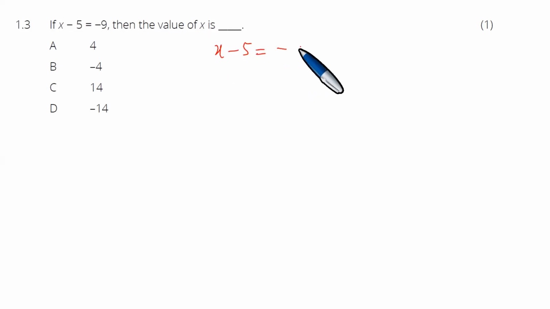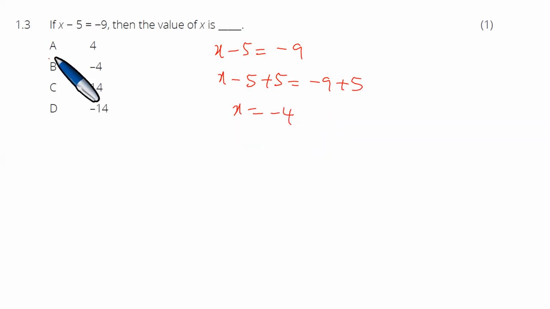So we have x minus 5 is equal to minus 9. We're going to add 5 to the left-hand side of the equation, but we also need to do the same thing on the right-hand side, and therefore the answer is -4, and therefore the correct answer is B.